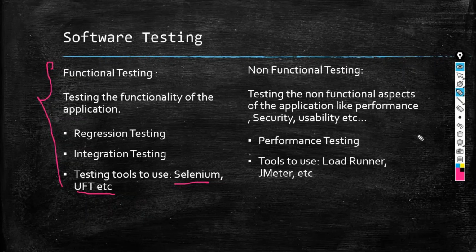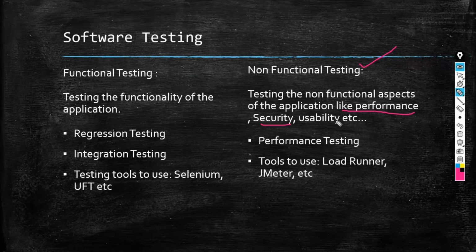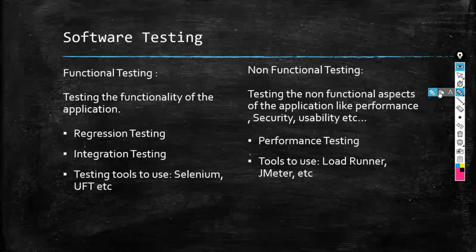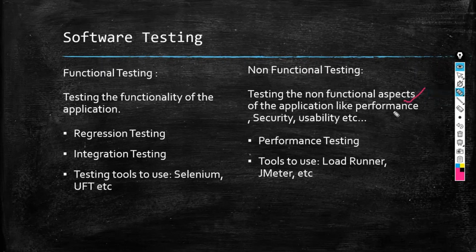When it comes to non-functional testing, here we focus more on the non-functional aspects like performance, security, etc. When you say non-functional aspects, performance is one of the key aspects there. So what do you mean by performance?